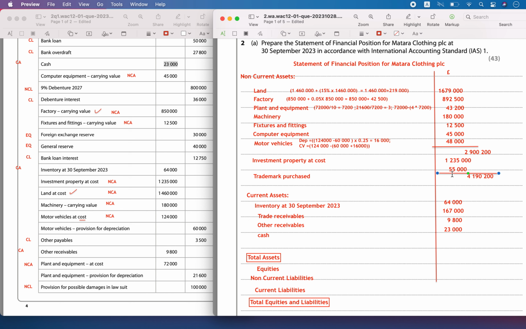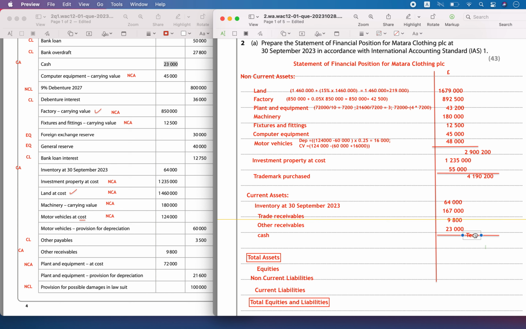Now let's add up the total current assets. 64,000 plus 167,000 plus 9,800 plus 23,000 is equal to 263,800.